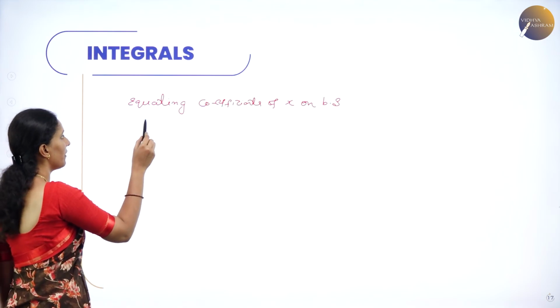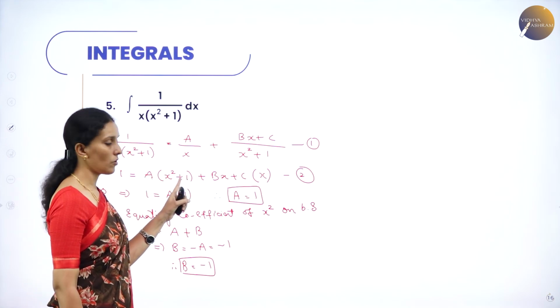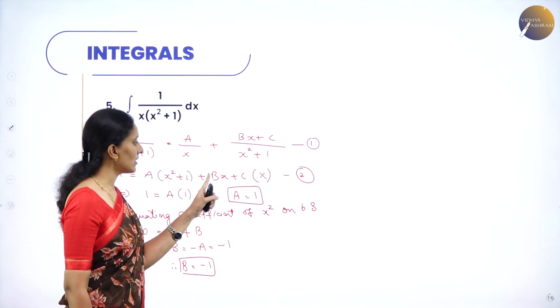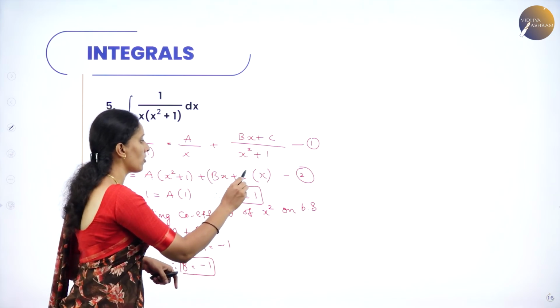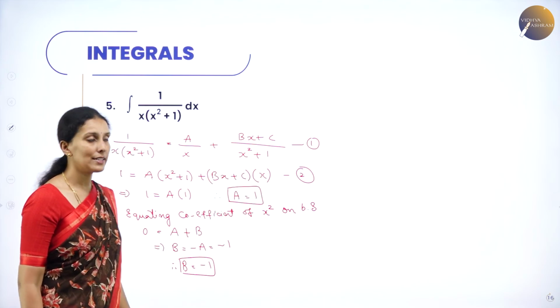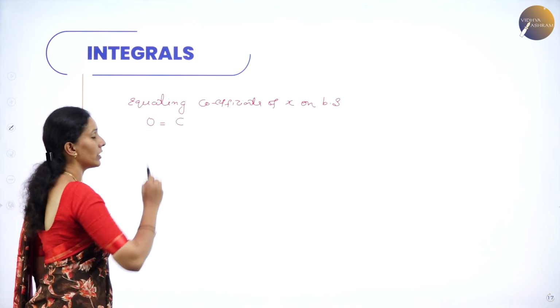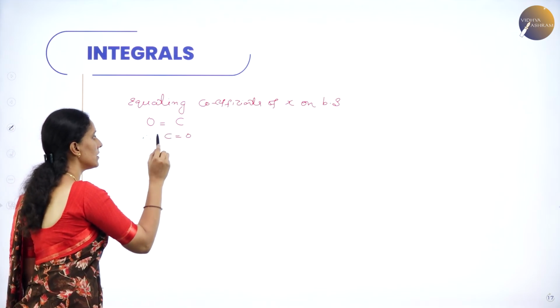No. So therefore, on the left hand side, it is 0. On the right hand side, it is a into x square plus 1, so this is not the coefficient of x. Next, it is bx plus c into x. So bx into x is bx square plus cx into x is cx. So therefore, the coefficient c is 0. So therefore, c is equal to 0.